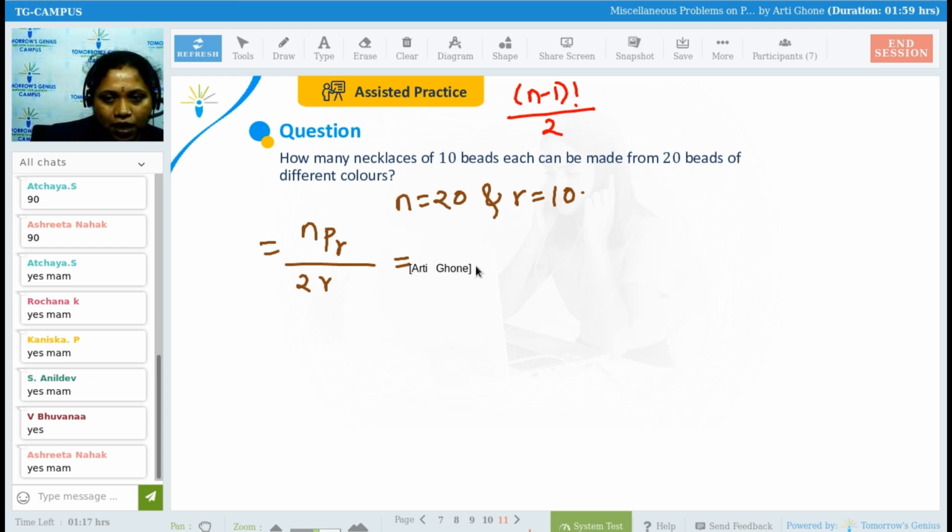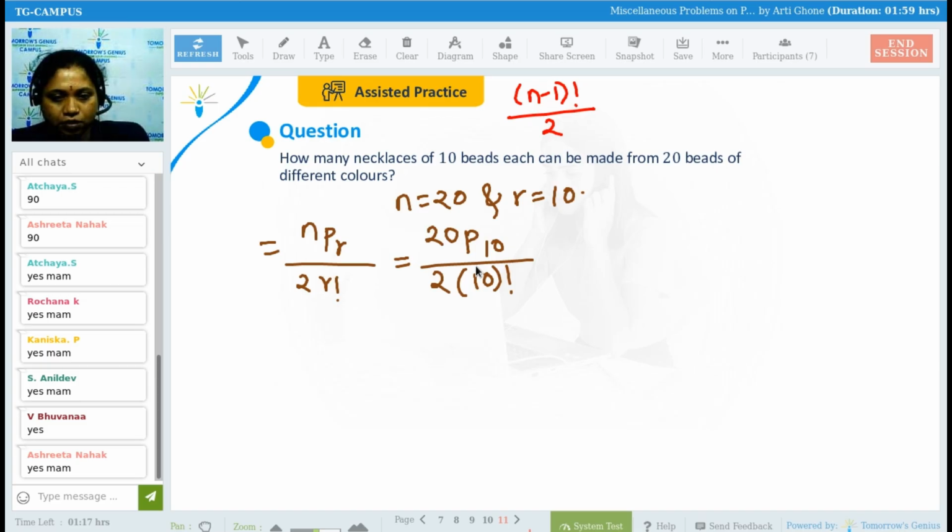So this will be 20P10 upon 2 times 10 factorial. It is r only, correct.